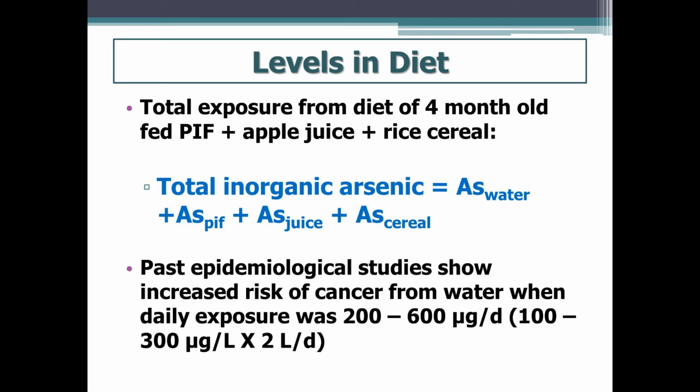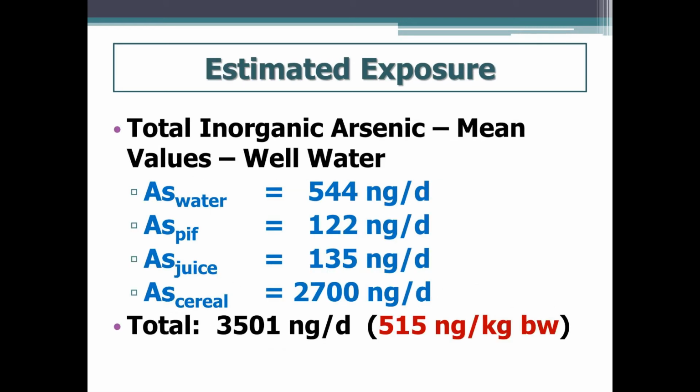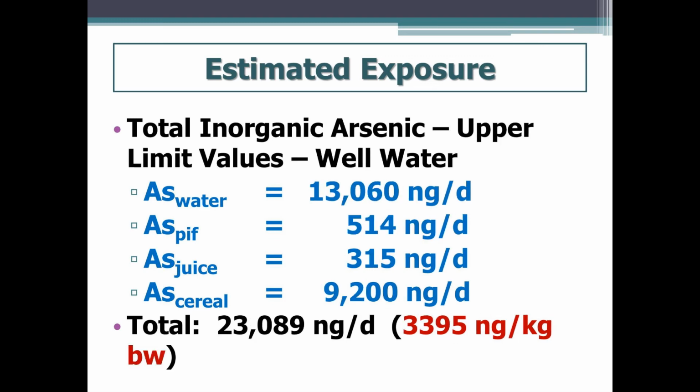Let me just jump to them. If I looked at inorganic arsenic for well water, what I got was 515. If I went to upper limit well water, the worst of those wells, I got up here.